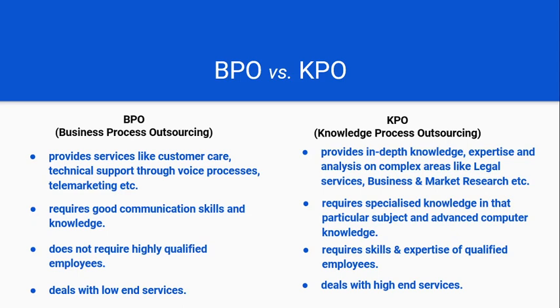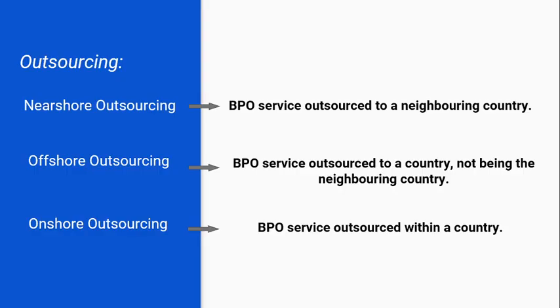Now, apart from this, in the area of outsourcing, one more thing you should know is the types of outsourcing that can be conducted. Now we are going to focus on BPO only. That is, three types of outsourcing are done under BPO.